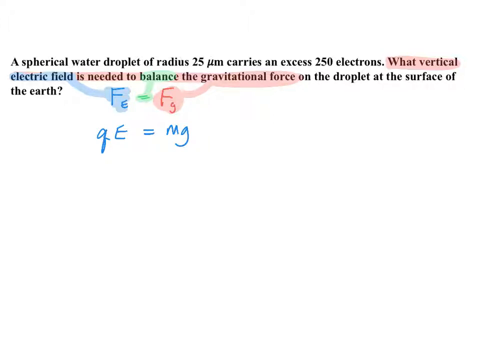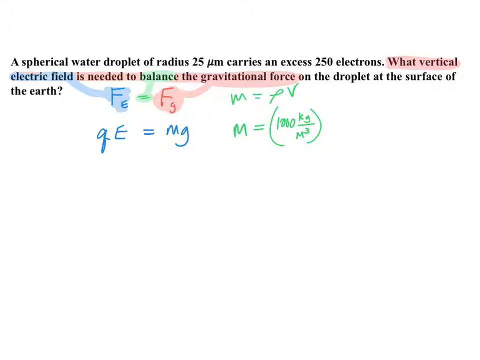So let's get to this. The first thing we need to do is figure out the mass. So the mass of this sphere is going to be the density of water, 1,000 kilograms per cubic meter. So remember, mass will be density times volume.